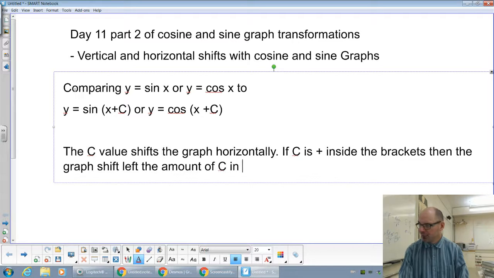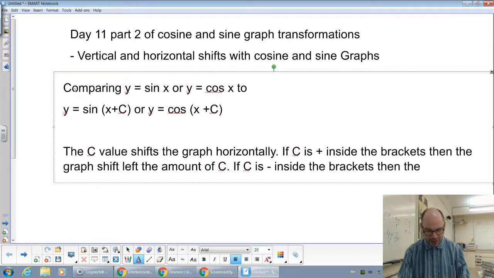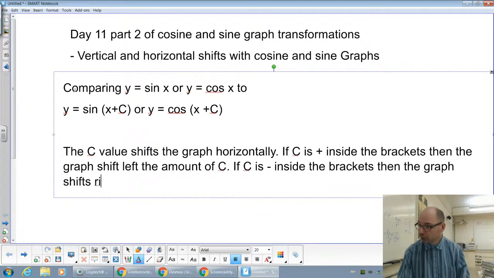If c is negative in the brackets, then the graph shifts right the value of c.